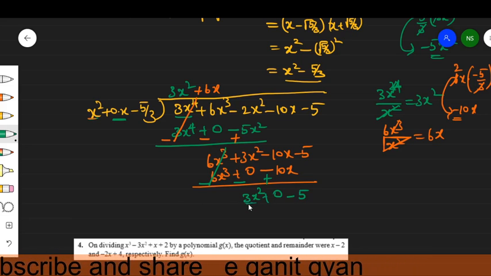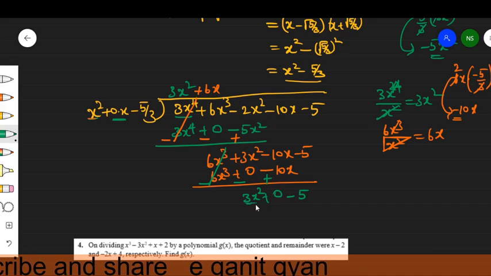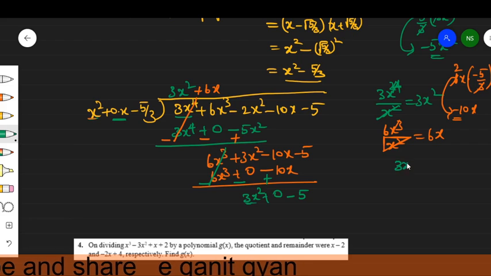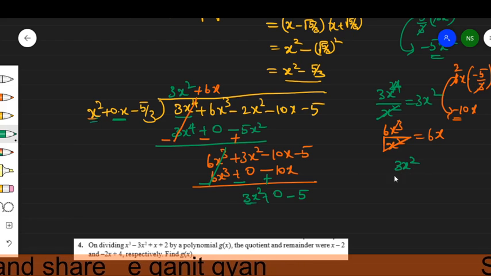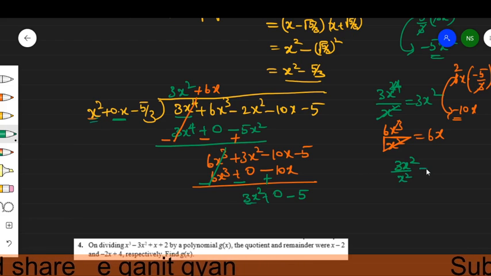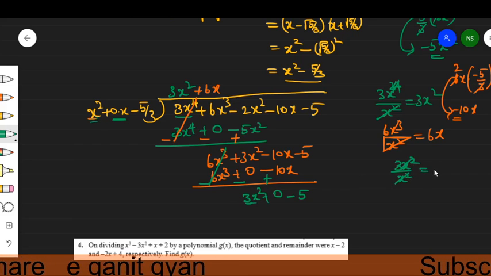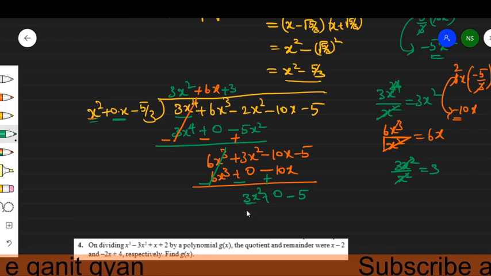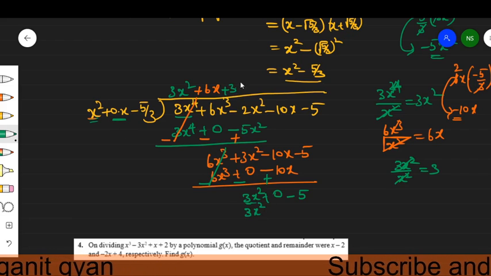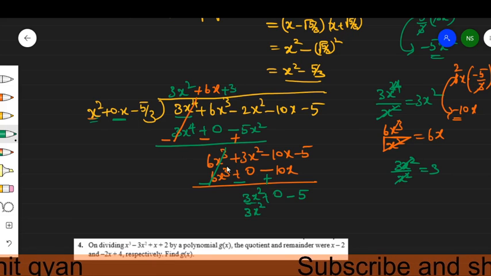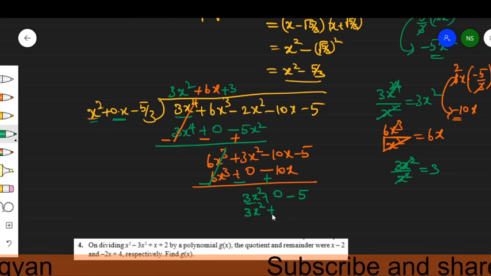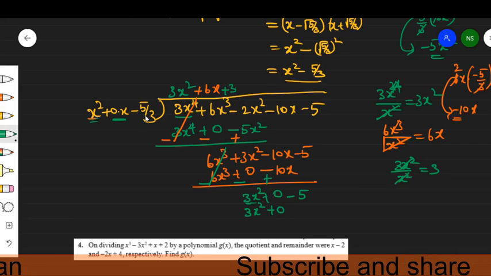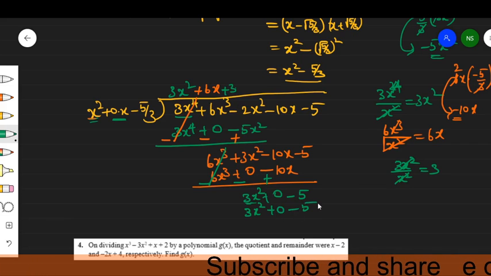Now take this 3x², 3x² divided by x². If I calculate these two things, I will get 3, write that 3 here. 3 into x² is 3x². 3 into 0 is 0. 3 into −5/3 is −5.